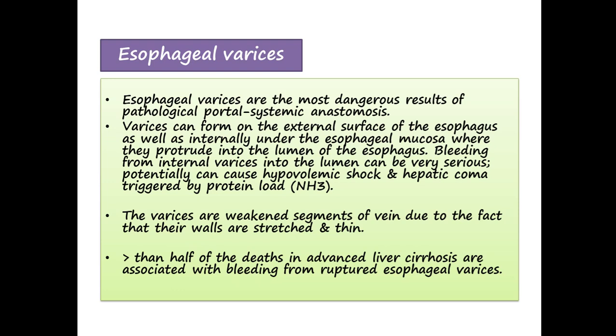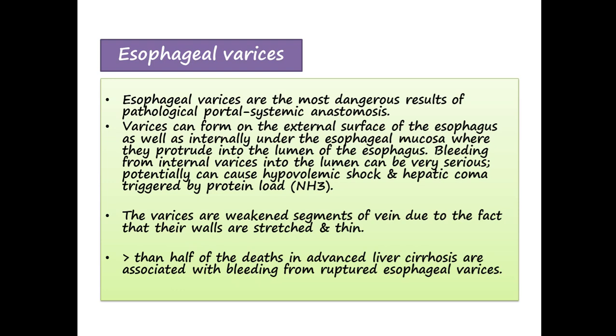So here, when there is bleeding or hematemesis from the internal esophageal varices, we are to face two conditions. Blood loss, which if it is very severe, can cause hypovolemic shock. We know that the major types of shock are cardiogenic shock, hemorrhagic or hypovolemic shock, septic shock, and shock due to anaphylactic reactions and other causes.